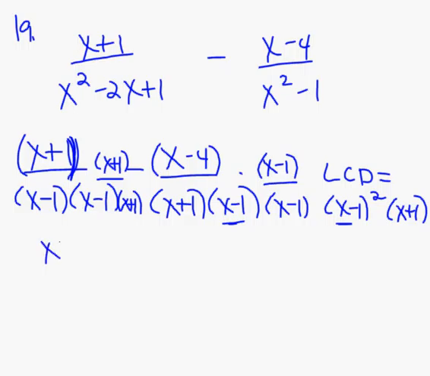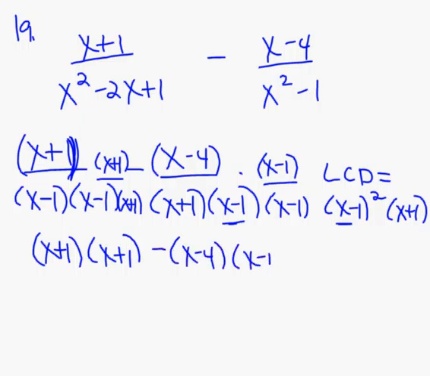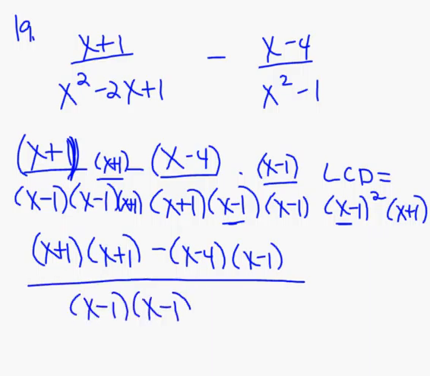So I have x plus 1 times x plus 1 minus x minus 4 times x minus 1 over my common denominator of x minus 1 times x minus 1 times x plus 1.